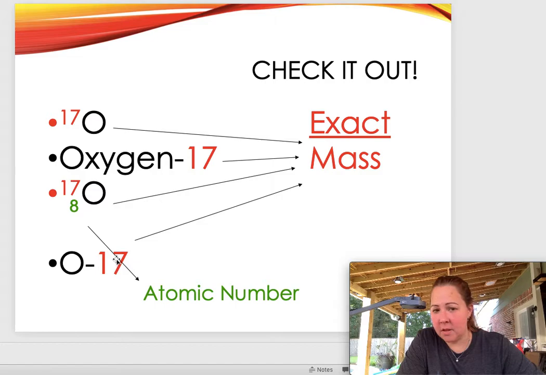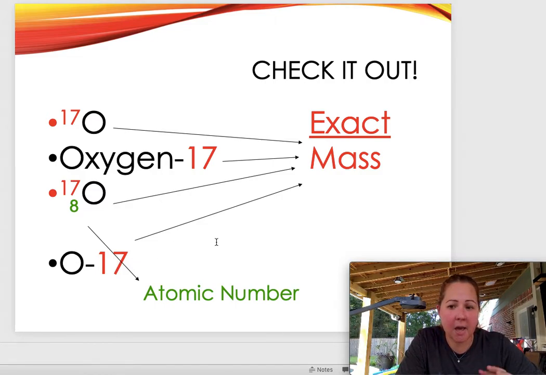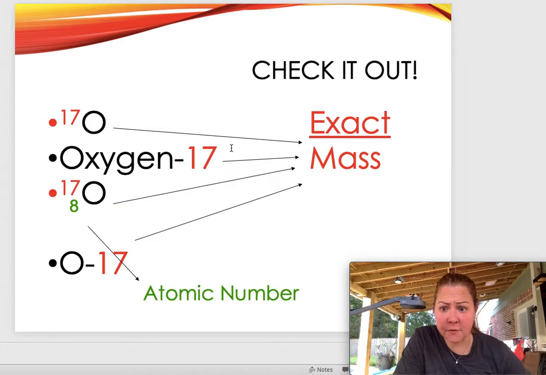As you're going to find out in the next video, the number on the periodic table is actually an average of all the isotopes. So this 17, this one, and this one, these are all the mass number, and that is the exact mass of that particular isotope.